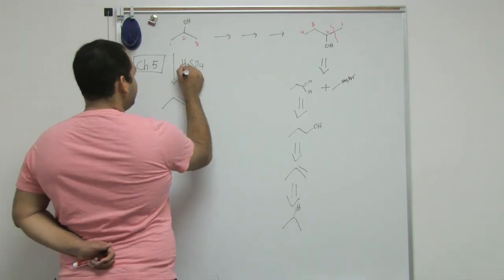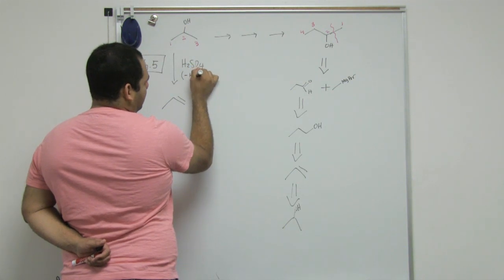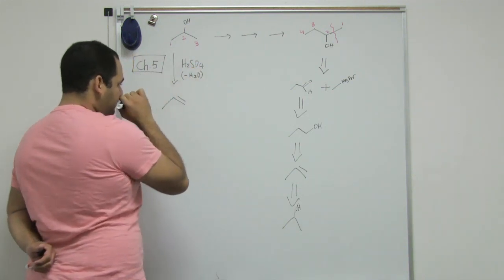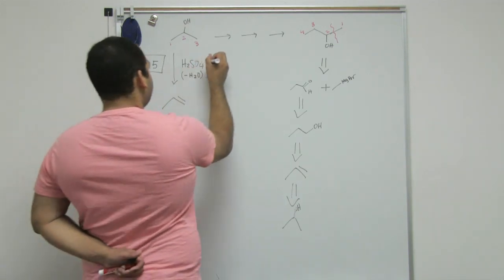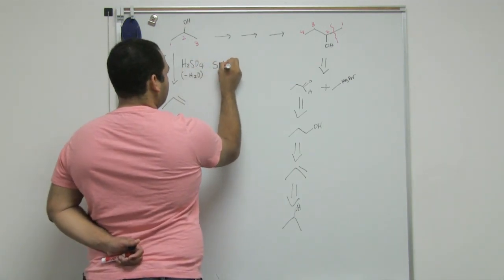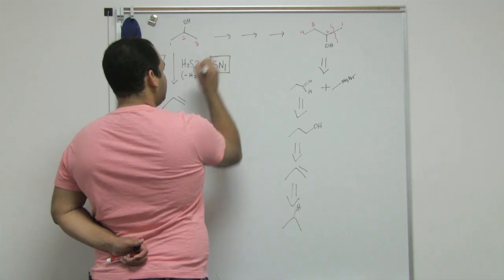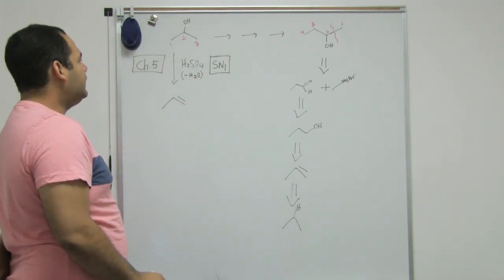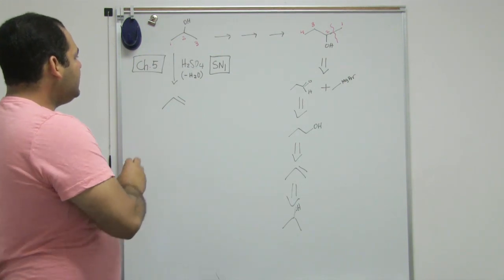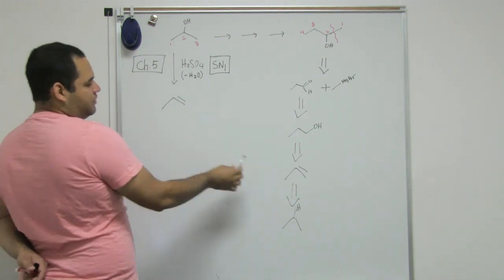So in this reaction, a molecule of water leaves and makes the double bond. This is SN1 chemistry, so we have the formation of a carbocation on that particular secondary carbon. Via this process, I can make my first reaction here.